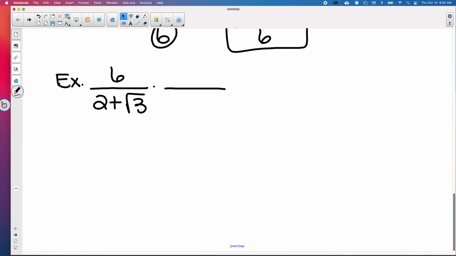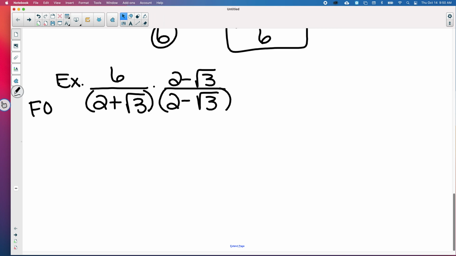Yes, the conjugate, which is 2 minus radical 3. Okay, so since I know that the middle two terms of FOIL are going to cancel, then all I have to do really is the first and the last. I don't have to do the outer and the inner part because they're going to cancel every time.